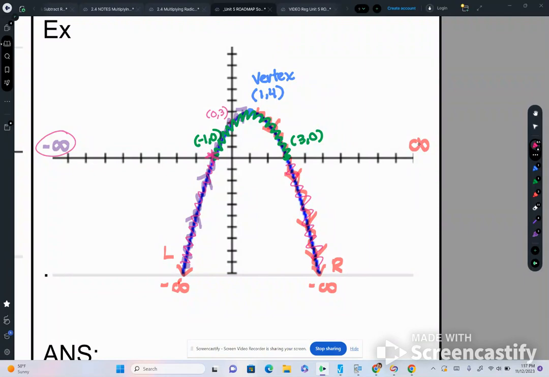Then if I look at my next x-intercept, which is at 3, from 3 to infinity, my graph, the blue part, is below the x-axis.